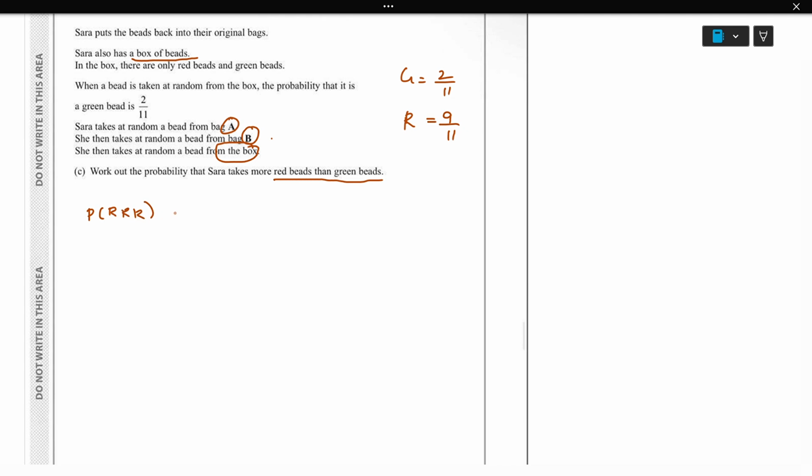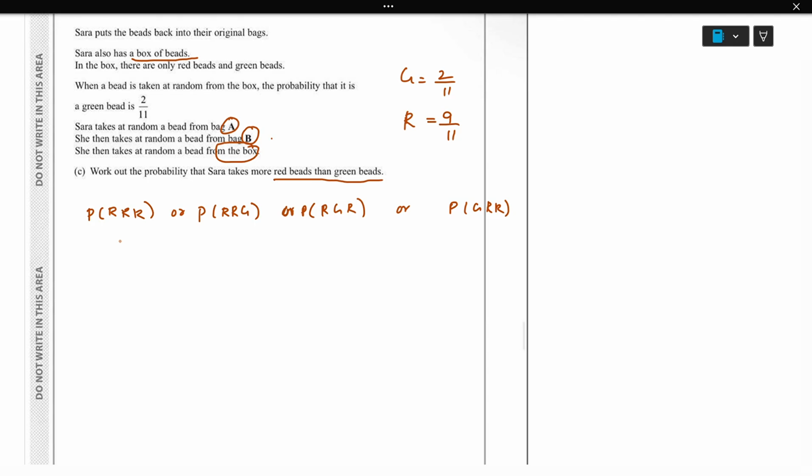Next is red, red, green. So at least 2 red should be there, because more reds are there. Or it's going to be red, green, red. Or green, red, red. These are all the possibilities.